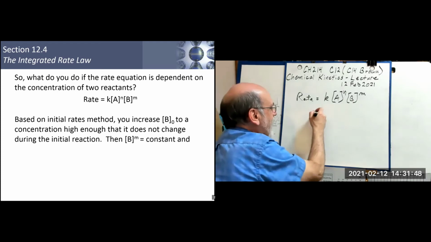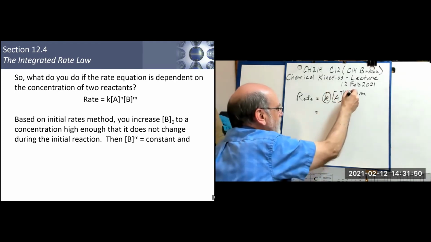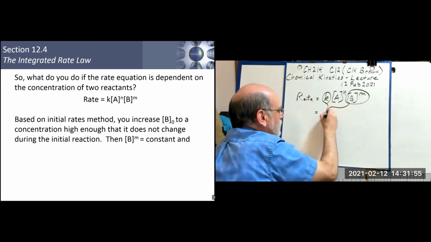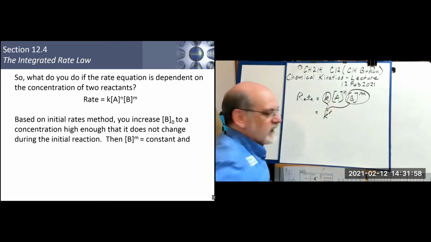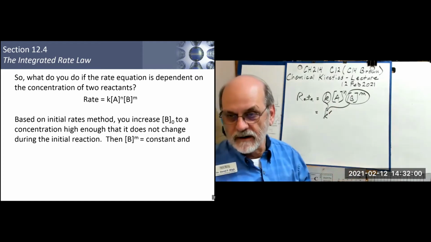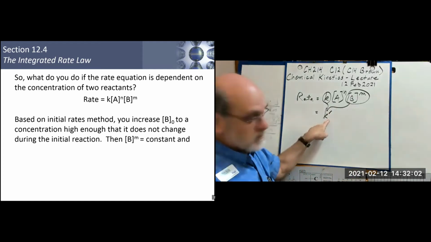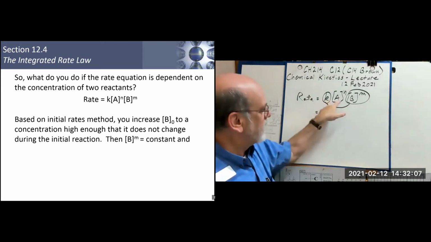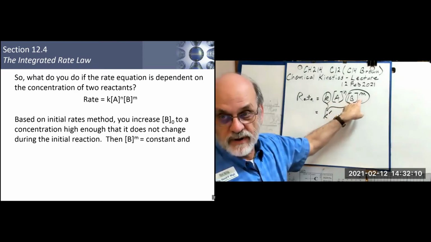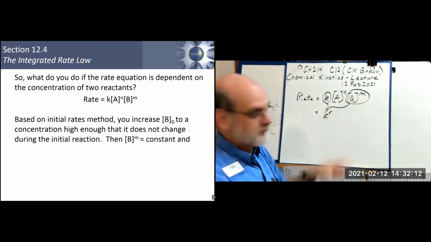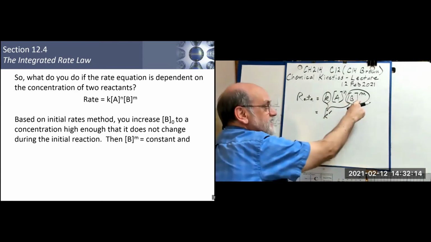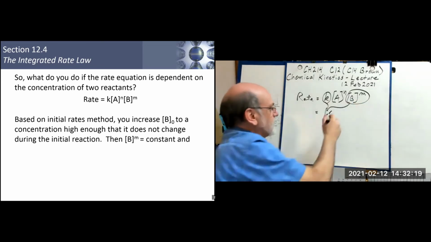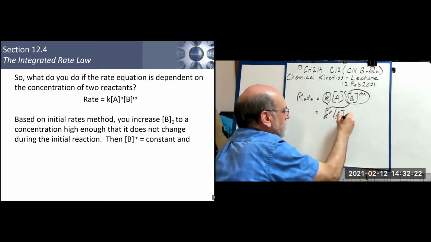In that case, now we combine this one and this one over here in what we would call maybe a K prime. It's still a K value, but it incorporates both K and the concentration of B. And like I said, this is so high a concentration that it's virtually constant through the reaction. And this is times A to the N.